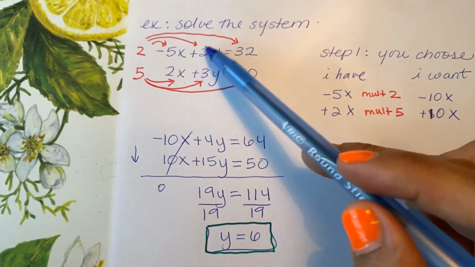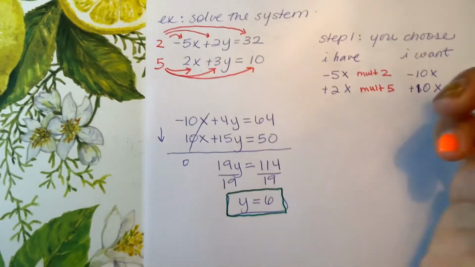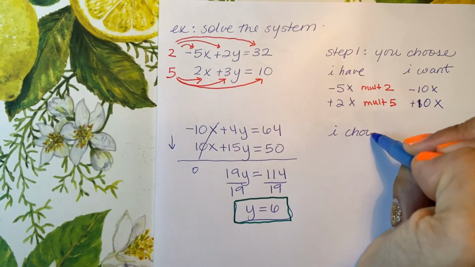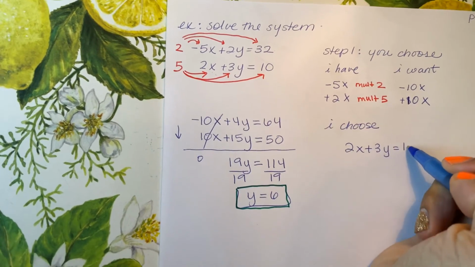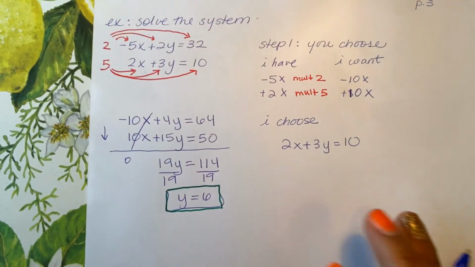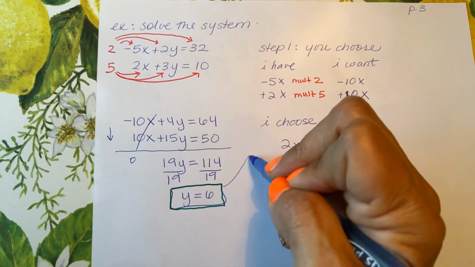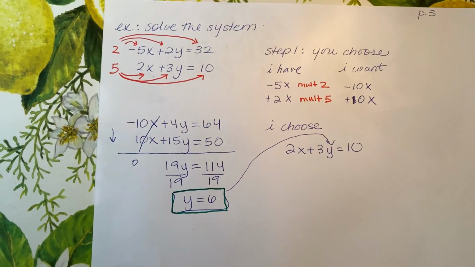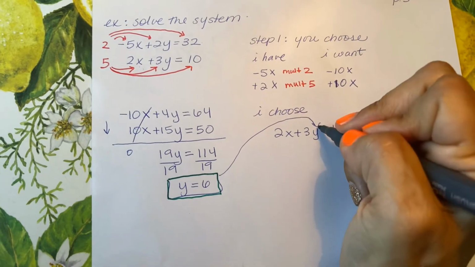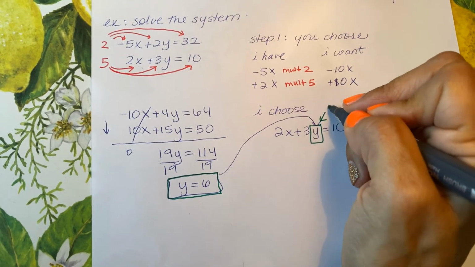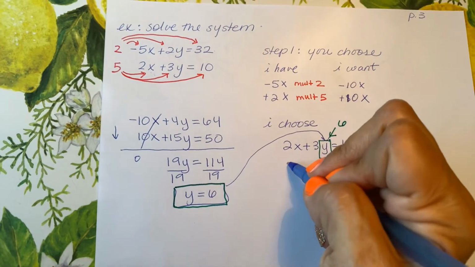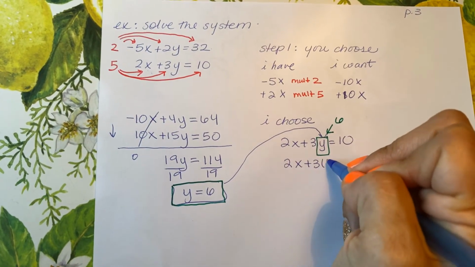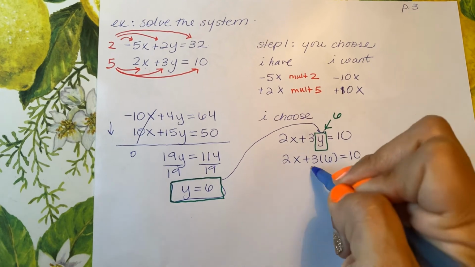I choose the 2x plus 3y is equal to 10. I'm plugging in the 6 right here, and then I'm just going to clean up the math. So 2x plus 3 times 6 is 10.